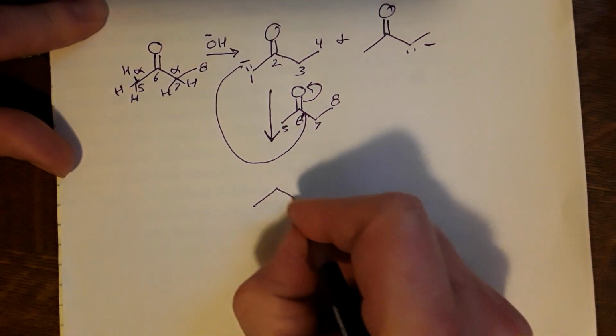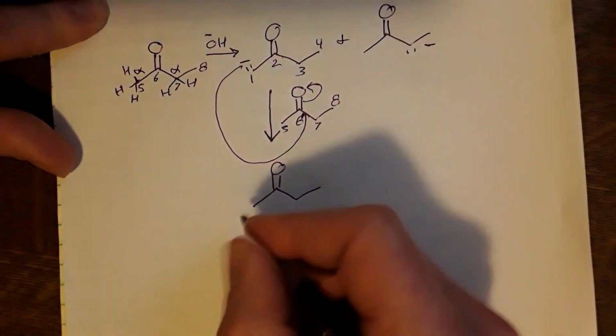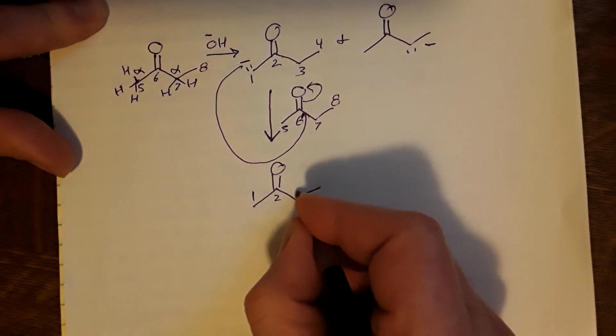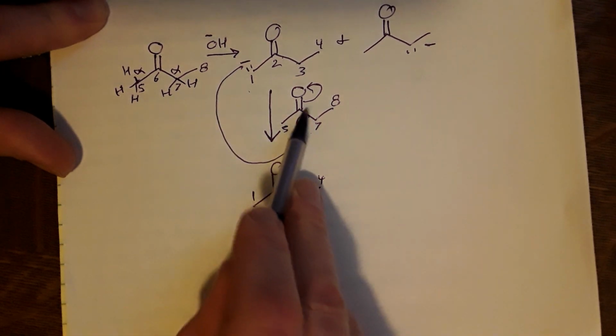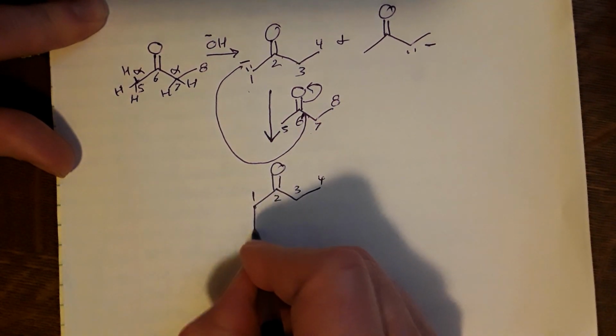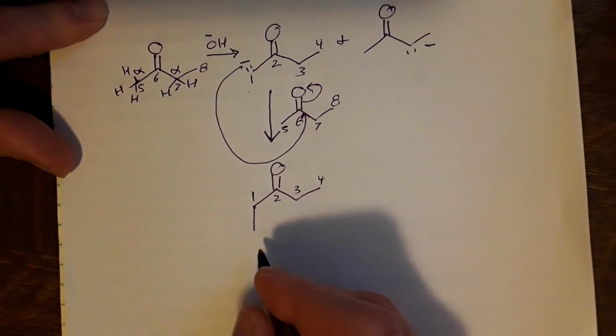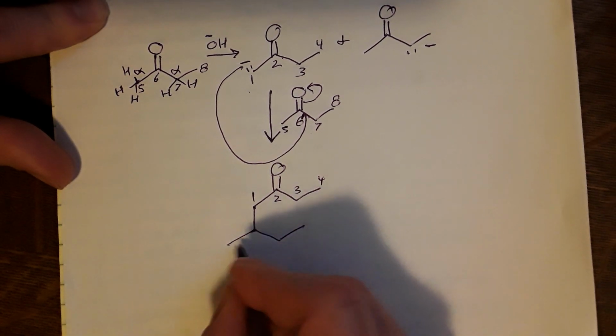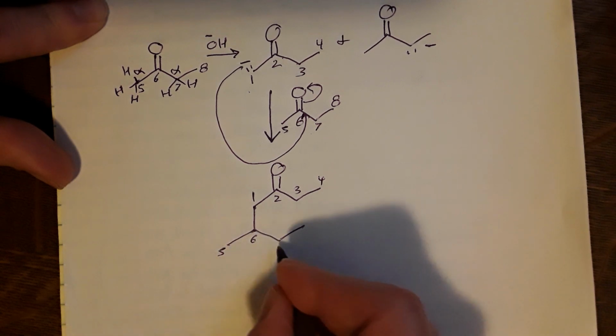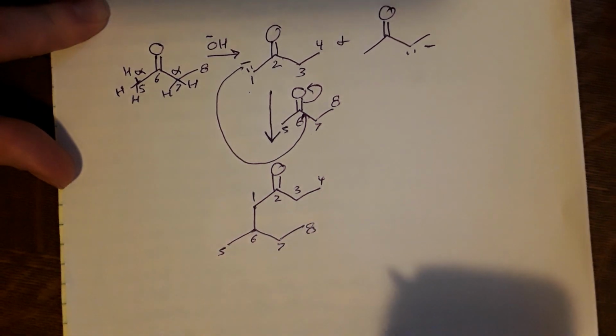Drawing the product of that, I draw first my enolate, which I'm numbering 1, 2, 3, 4. Now I know that 1 is going to bond to 6, and so down here is our carbon number 6, and then attached to it is 5, 7, and 8. So 5, 6, 7, 8.